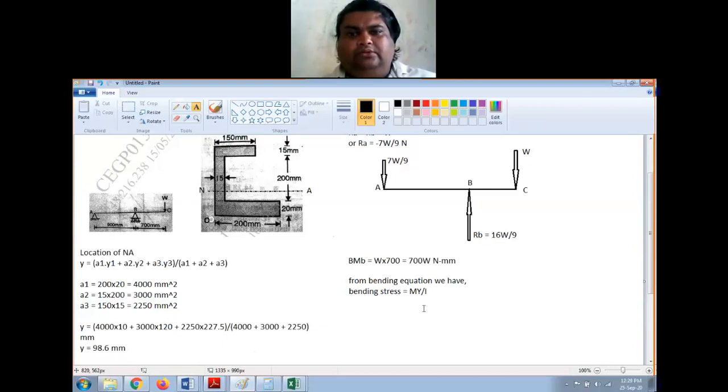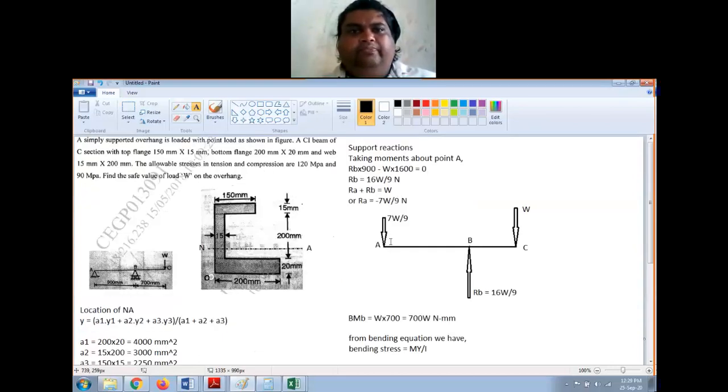Now see, the beam is bending like this. Because of the loading, after applying the load, the beam is going to bend in this way. So it is reversed now.